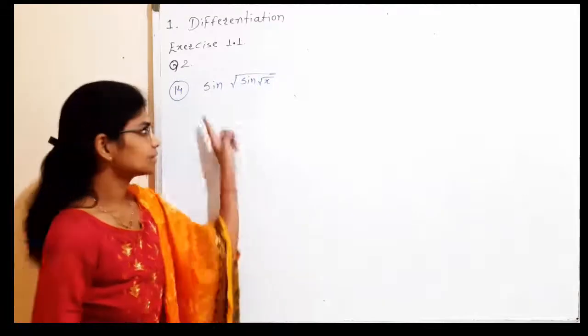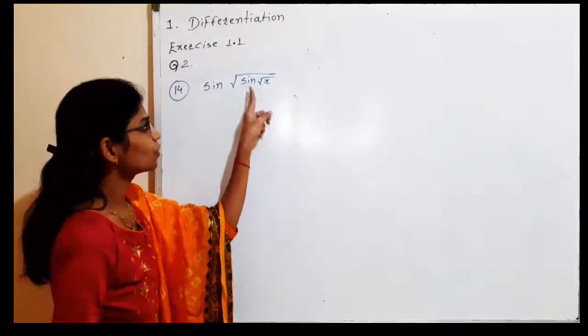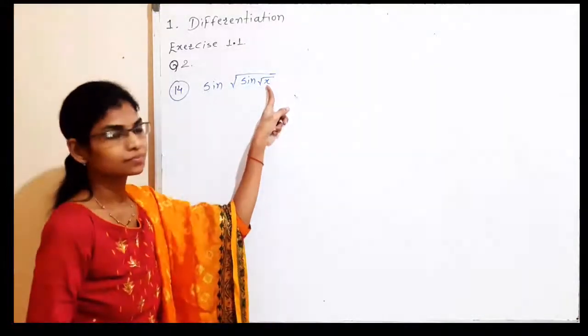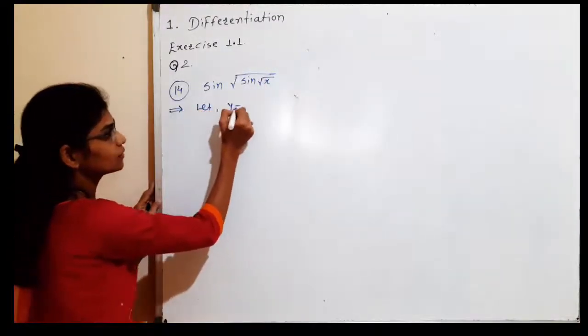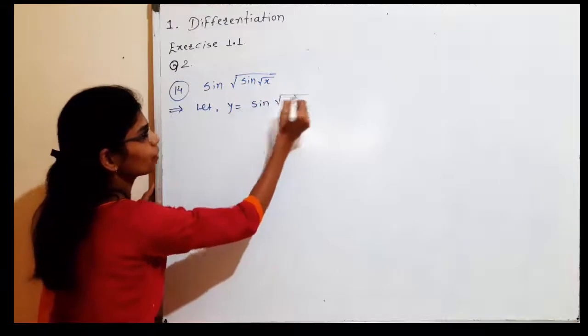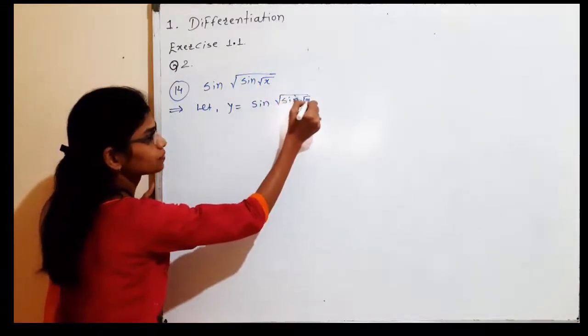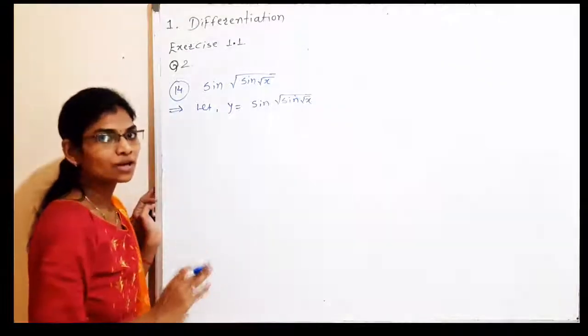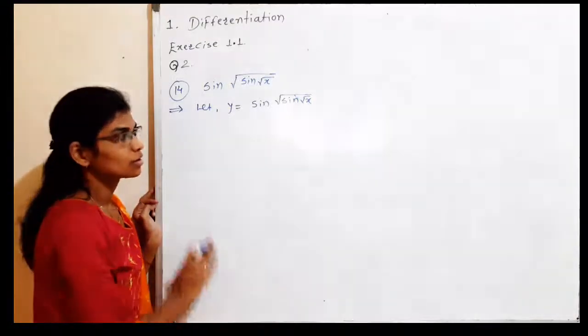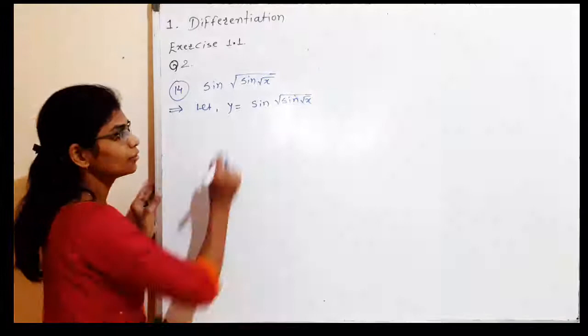Now the next example is square root of sine of root x. Here let y is equal to sine of square root of sine root x. Function of function is there. It is one of the composite functions.